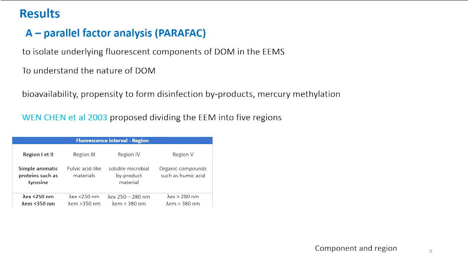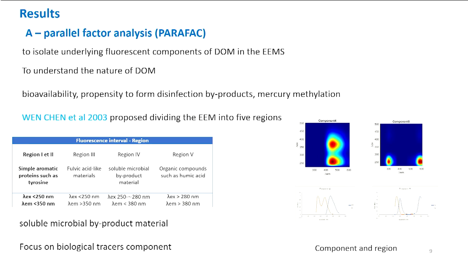To understand the nature of the DOM, meaning the bioavailability and the propensity to form disinfection byproducts and mercury methylation, Chang and Weil proposed to divide those wavelengths, like shown here, into 5 regions. And for our work, we were interested in soluble microbial products in the 4th region.